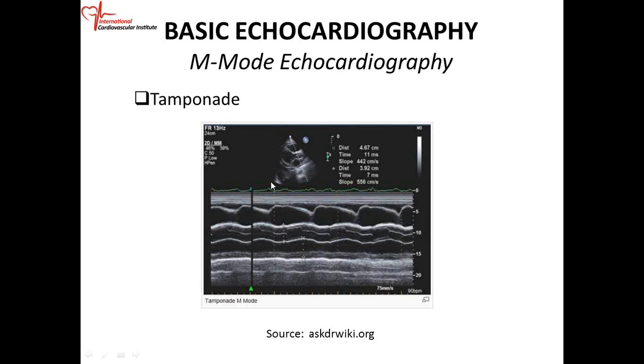You have an ECG on top. This ECG is very lousy, so you might not be sure what's going on, but you have your nice aorta and your aortic valve opening and closing below that. The aortic valve only opens in systole and closes in diastole.